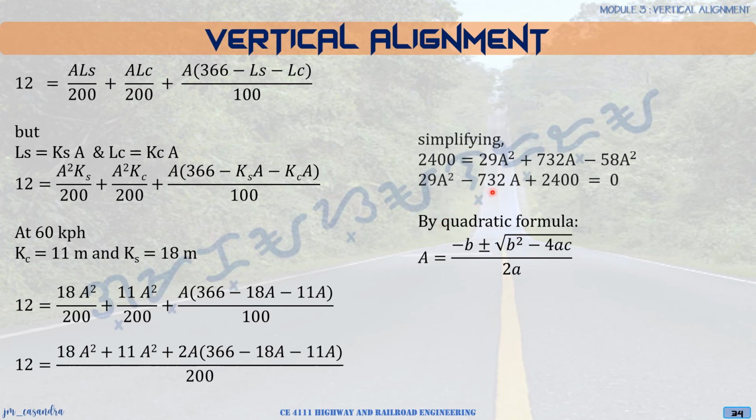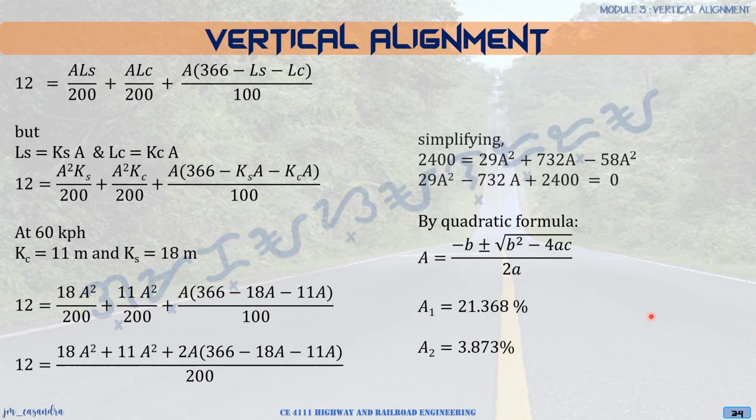So b is negative 732, a is 29, c is 2400, giving us a value of A1 equal to 21.368% and A2 equal to 3.873%. Again, do not use your shift solve as it may give us the wrong root or wrong value of A. So we're given two values of A.